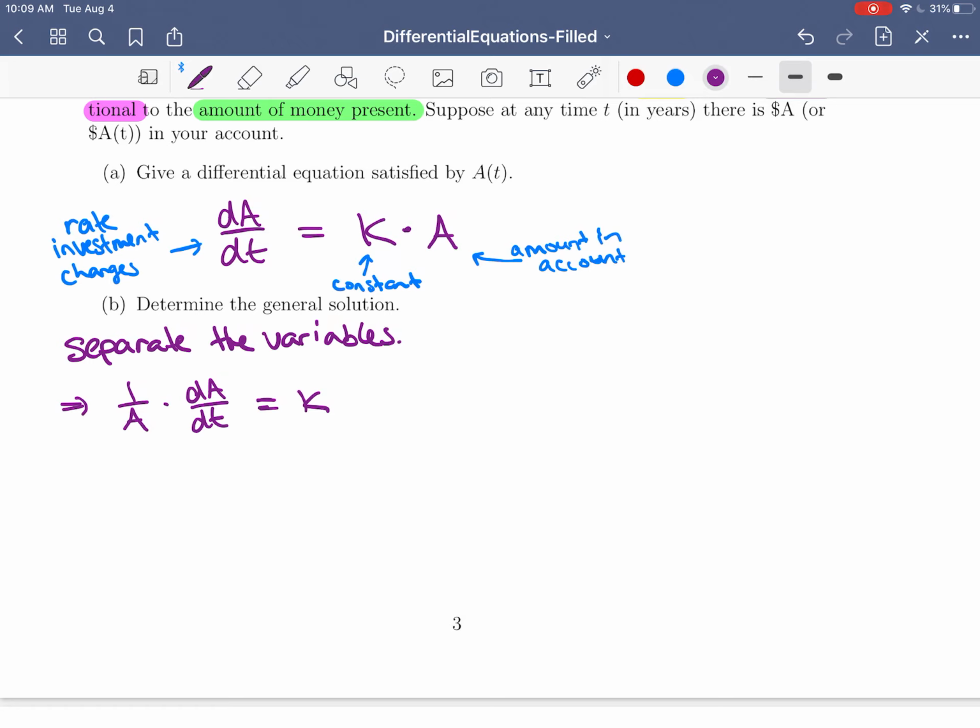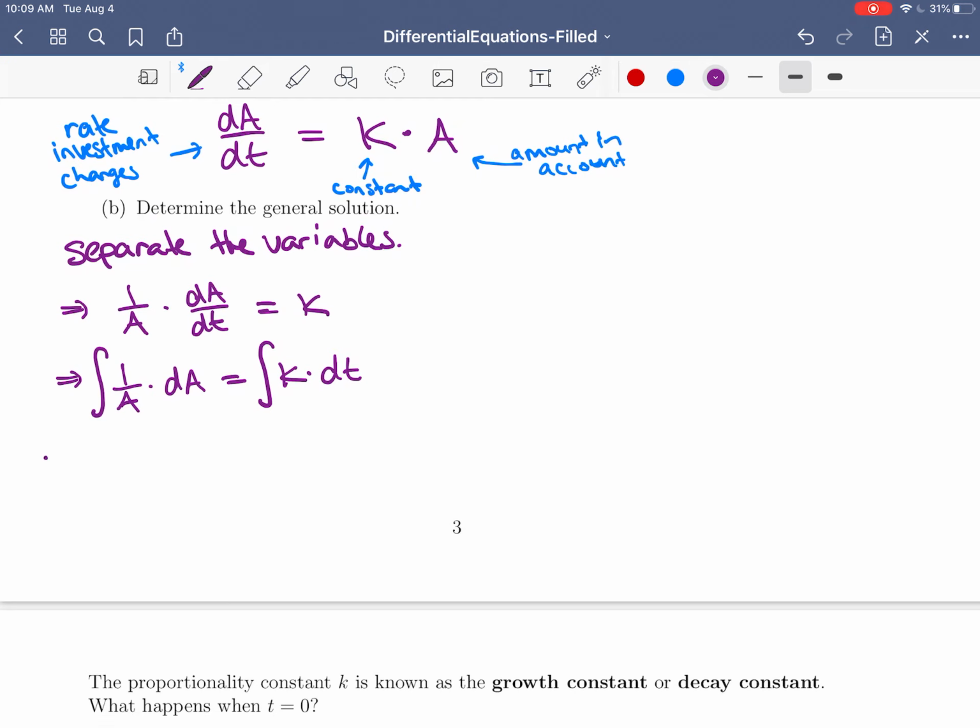Then we're going to multiply by dt so that I have 1 over A times dA is equal to k times dt. And now I can integrate both sides because I have all the A's on the left and no t's, and all the t's on the right.